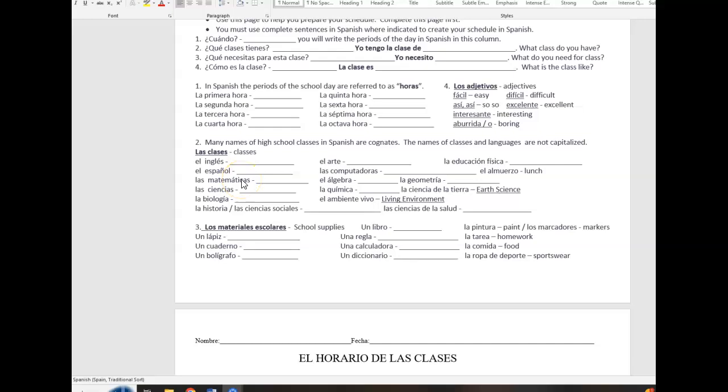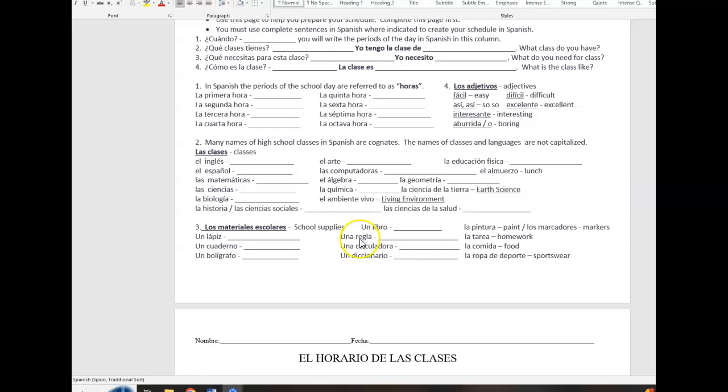Química, física, those are science classes, so you can put that under the subject las ciencias. Strength and fitness, basketball, tactics, that's all PE. You can put la educación física. So I think most of your classes are going to fall under one of these subjects.